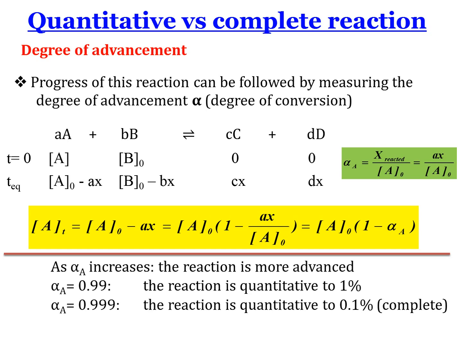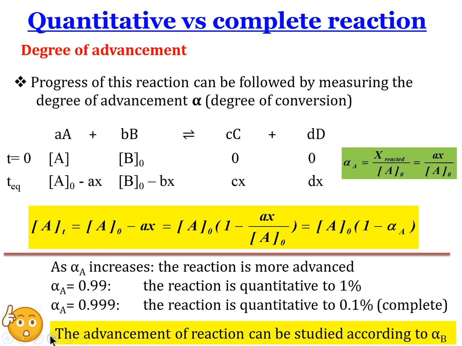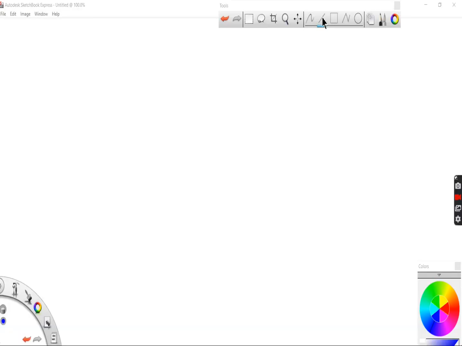The maximum conversion in chemistry is 99.9%. Also, never forget that the advancement of this reaction can be studied according to alpha B in the same way. I want to write all domains according to the value of alpha.